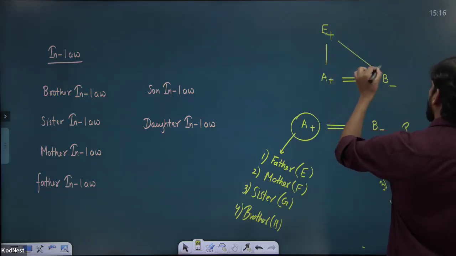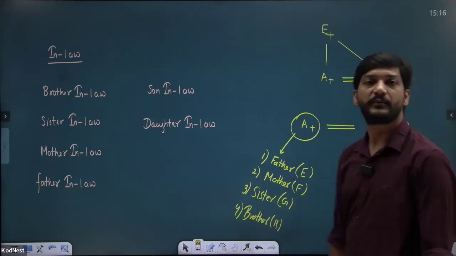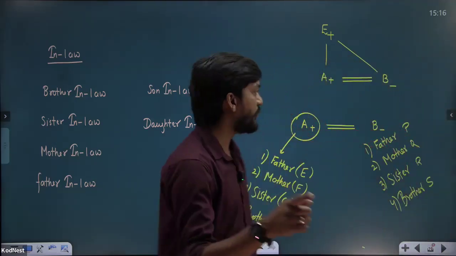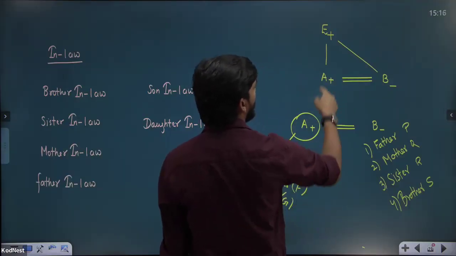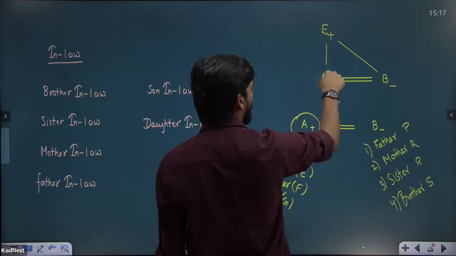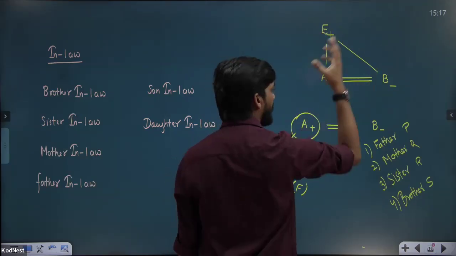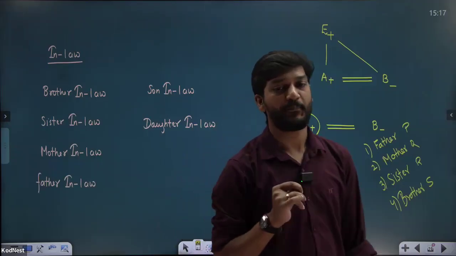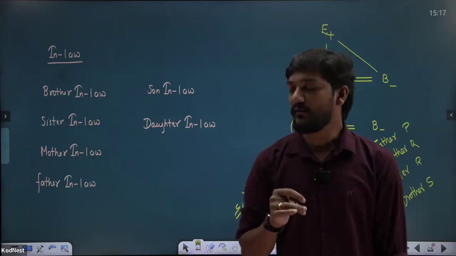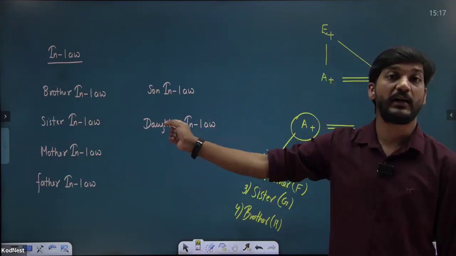If I represent with a single line, will you not be confused? If I show the in-law relation with a single line, will you not be confused that E is the father of A or is he the father of B? Real father I'm saying. Will you not be confused? Yes. So that's why we should have a separate symbol for in-law.